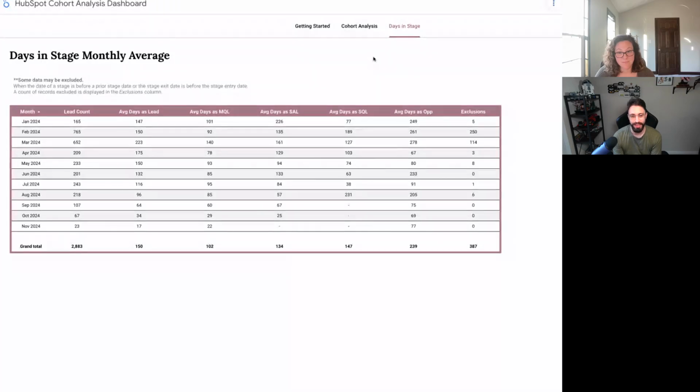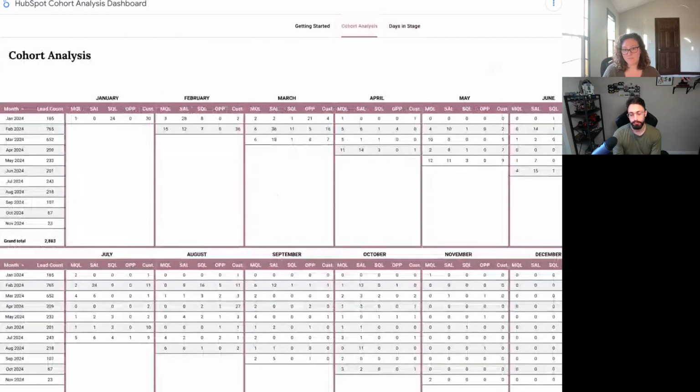Yeah, and that's amazing. And the days in stage average is really a good place to start drilling in further because, to your point, the cohort analysis, just from first impressions, is extremely valuable to see where everyone's sitting month over month, just to see how many people are in the MQL stage versus, like you said, the sales qualified and moving all the way down through customer.